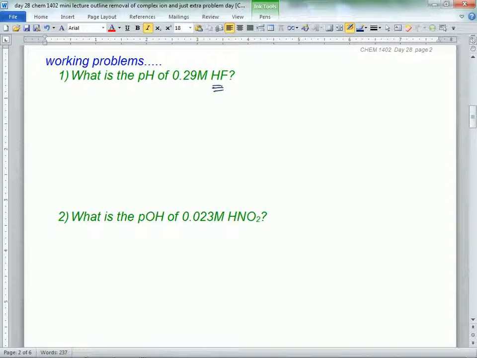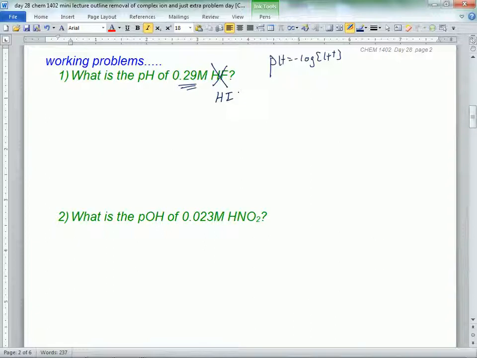HCl, HBr, and HI are. So pH is the negative log of hydrogen ion concentration. But you can't say that it's 0.29 molar. It's a lot less because it's a weak acid. So do you have to do ICE to solve this? Yes, most definitely. So what I'm saying is read these carefully. Don't just jump into ICE. What if this, instead of being HF, was, pick one. And there's 6 of them. HI. What if this was HI?